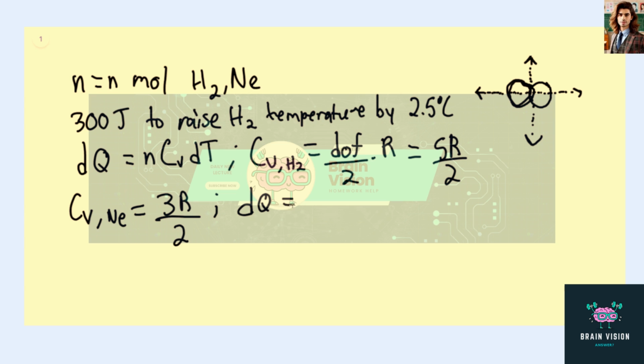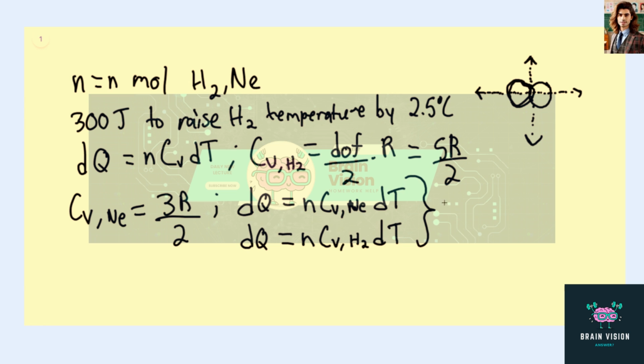So dQ is equal to nCV dT for hydrogen, and then equal to nCV dT for neon. These both are equal to each other.